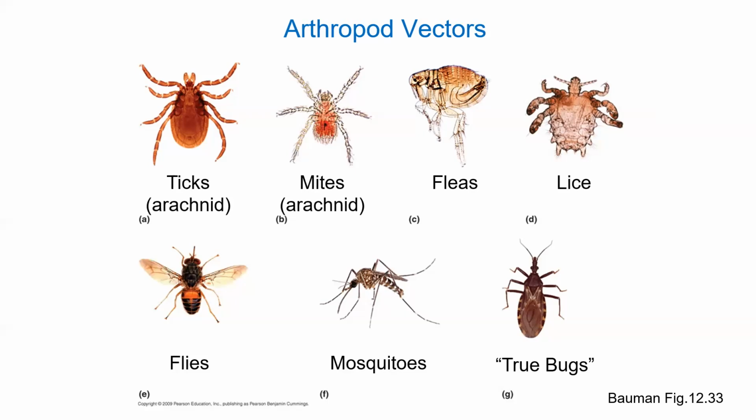I'm not too familiar with lice transmitted diseases because it's very rare in Canada. I don't know if it ever happens in Canada. But the big ones are the mosquitoes. Probably transmit more infectious diseases than any other method on the planet, right? The reduvid bugs, the kissing bugs, so Chagas disease, mites in some cases, ticks are the big one, and of course flies, right?